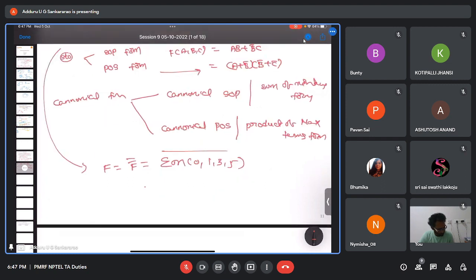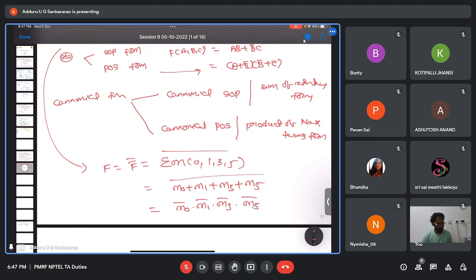That means m0 plus m1 plus m3 plus m5 whole complement. You know De Morgan's law, so we can write m0 complement and m1 complement and m3 complement and m5 complement.